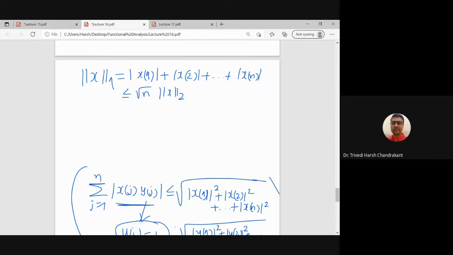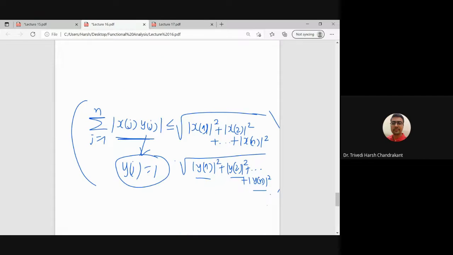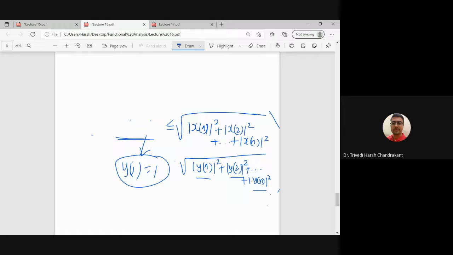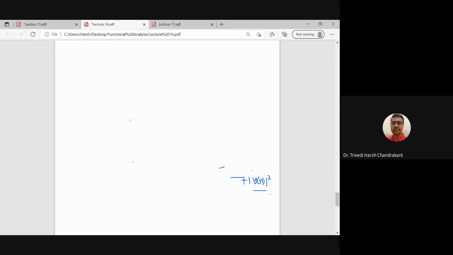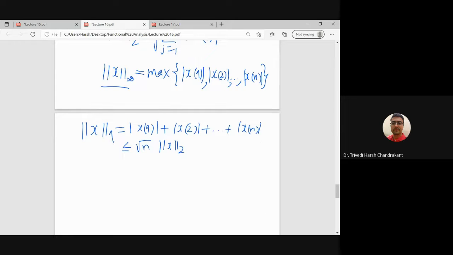Because n is fixed here. We are considering n coordinates, so n is fixed. We are in Rn. If we are in R2, 2 is fixed. Since this holds, the reason is the Cauchy-Schwarz inequality.